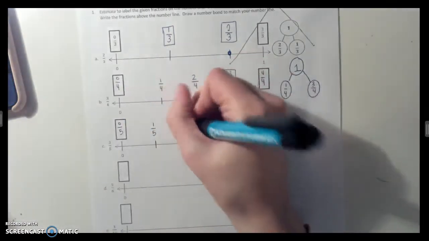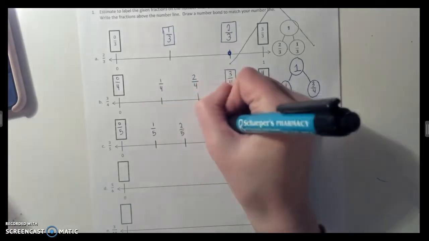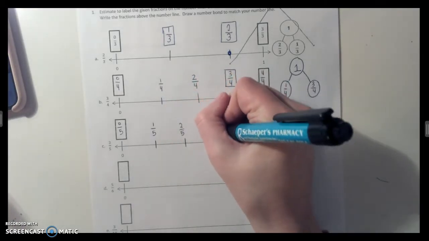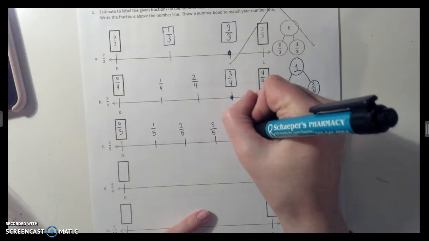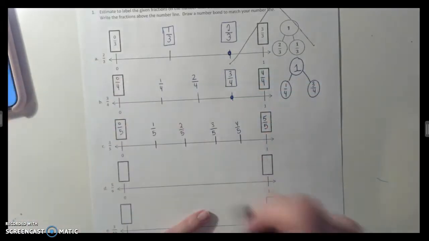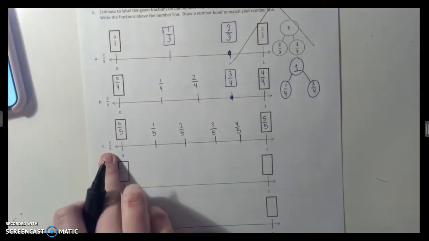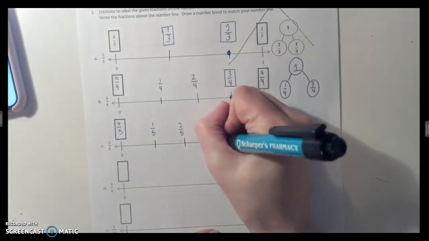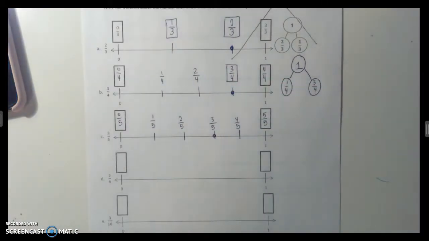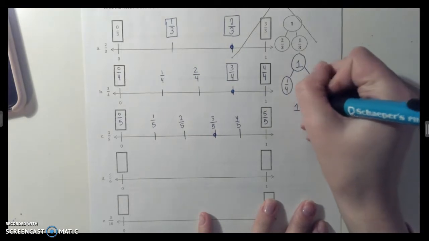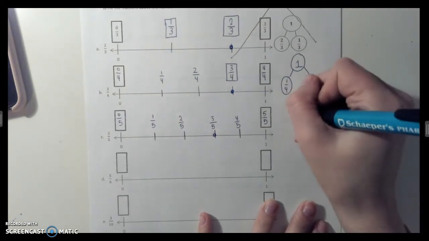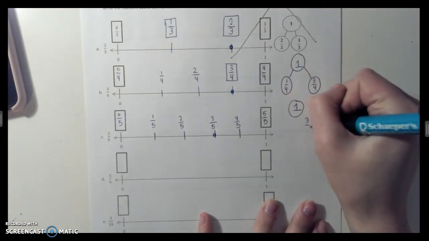So 1/5, 2/5, 3/5, 4/5, and we already labeled 5/5. And which one did they want us to recognize? They wanted us to recognize 3/5. And darken that dot. Draw our number bond, our number 1, and they gave us 3/5.